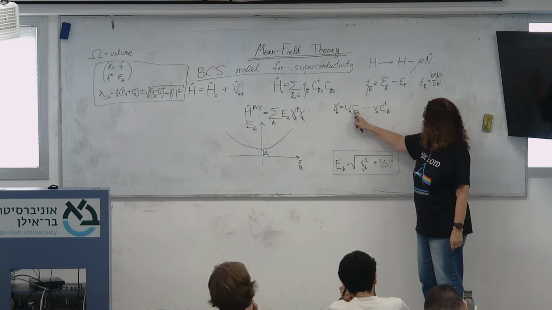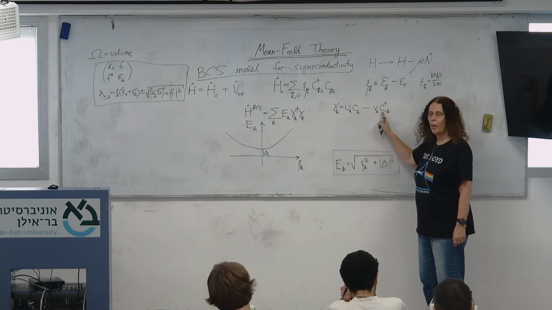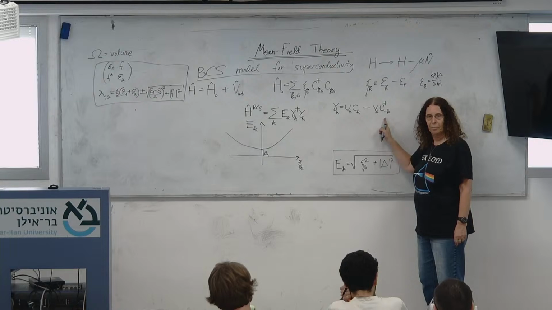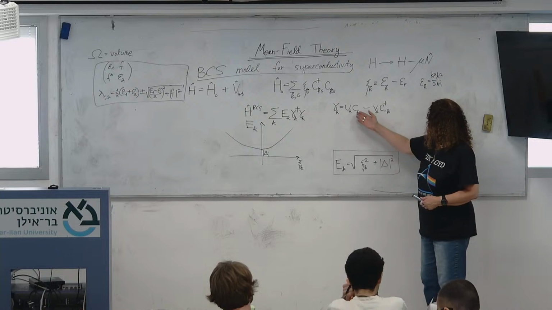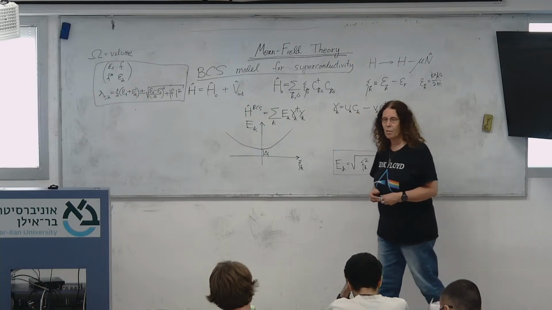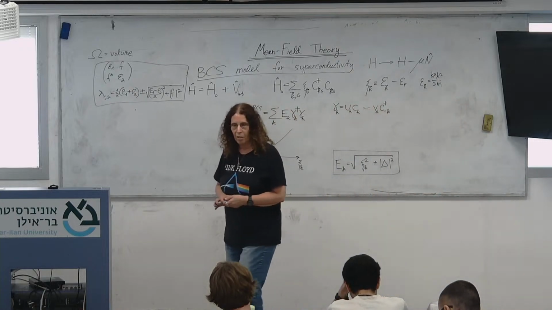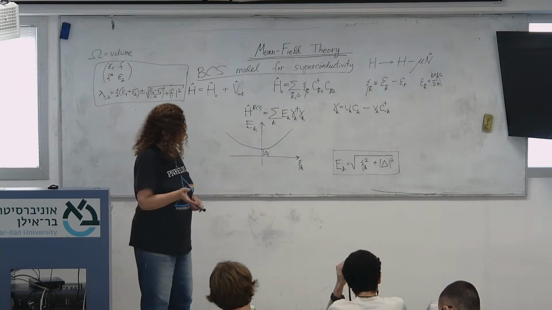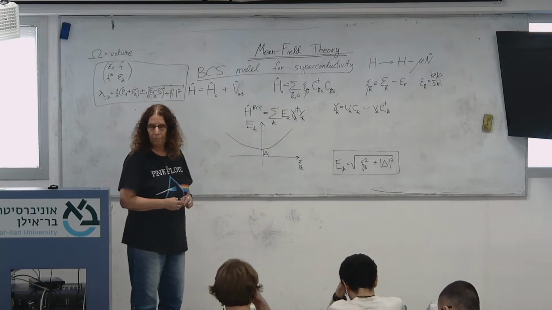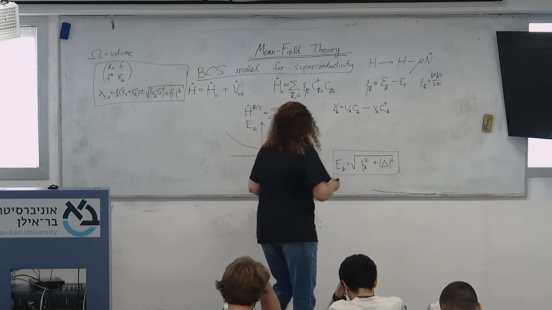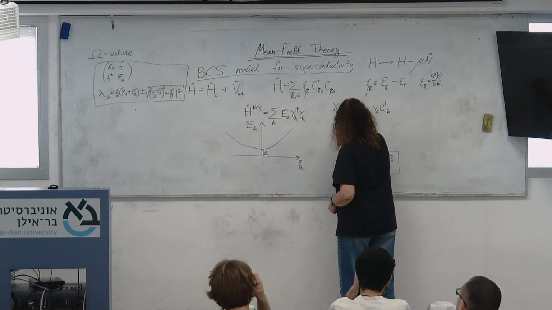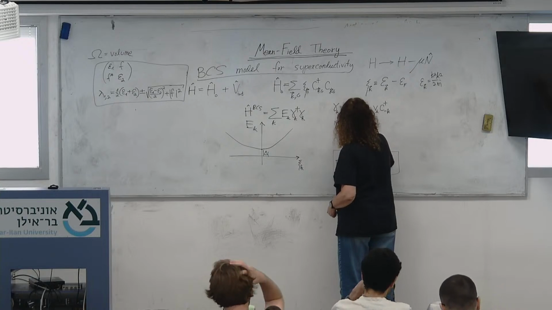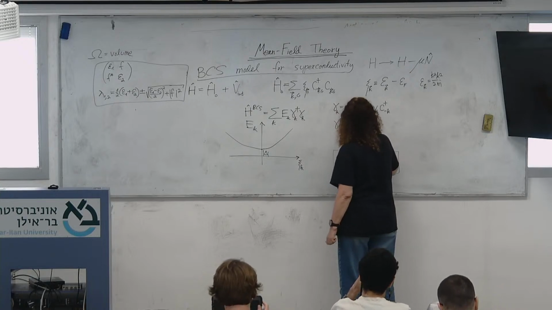It's c of k and c dagger of minus k. If you like, in terms of the original electrons, it's a superposition of electrons and holes, and its dagger with a minus k has the following form.